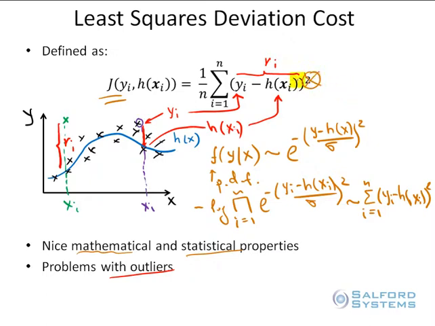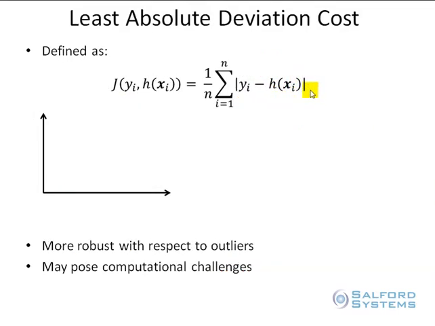If you remove it, of course, you need to handle the problem that the residual could be either positive or negative, and that can be rectified by simply taking the absolute value. If you do that, you will arrive at the next type of regression cost known as least absolute deviation cost, or LAD.